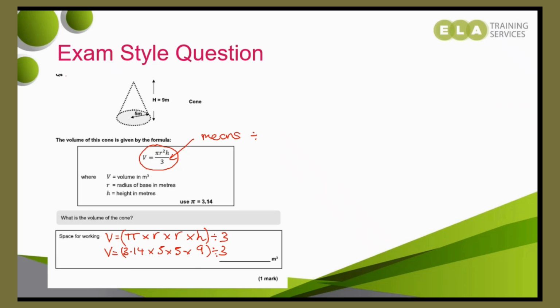So 3.14 times 5 times 5 times 9 gives me an answer of 706.5 divided by 3, which then gives me an end answer of 235.5. And what's really important, always write your answers in the boxes. And that is Bidmas, substitution, and formula.